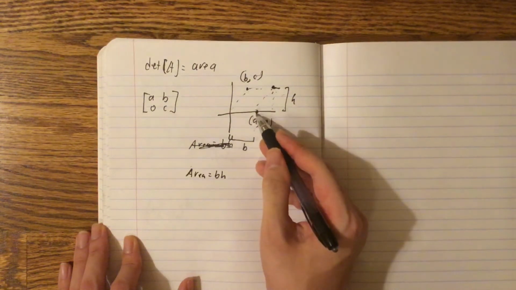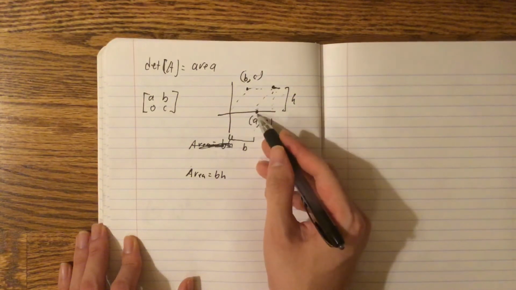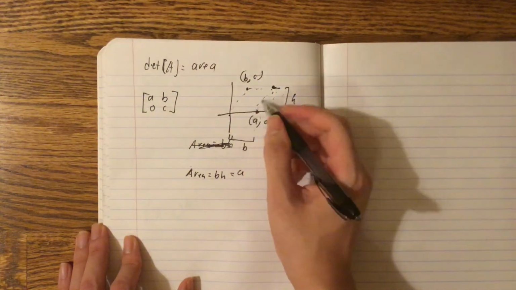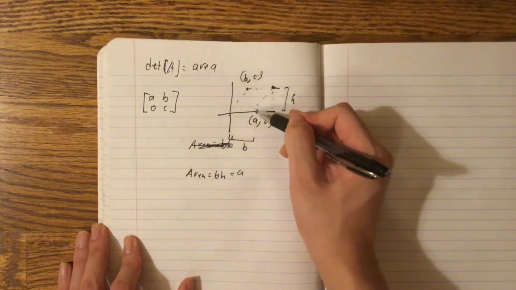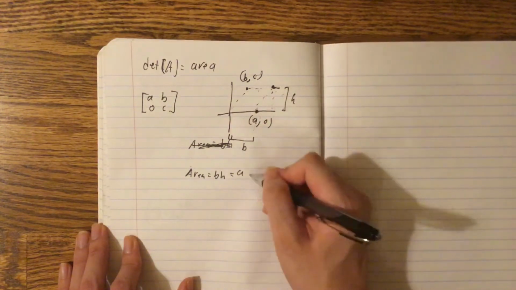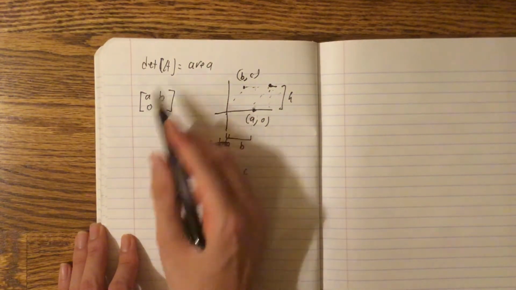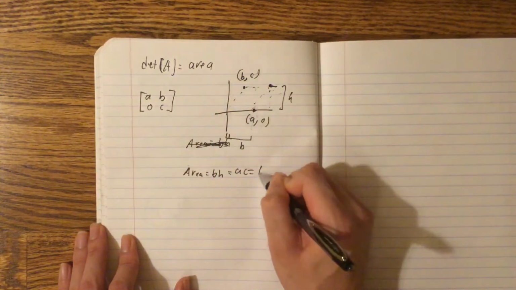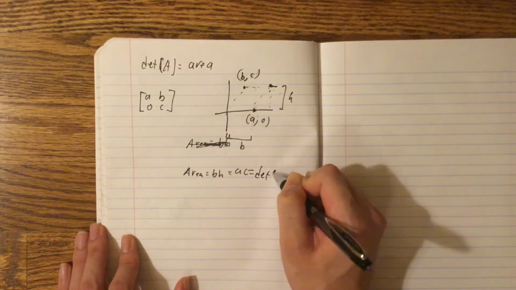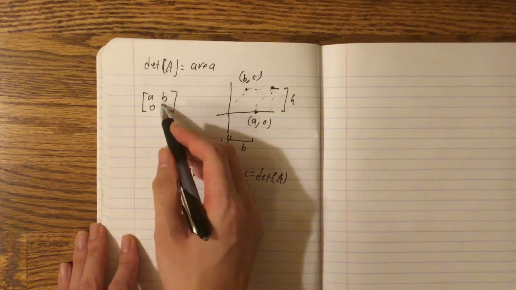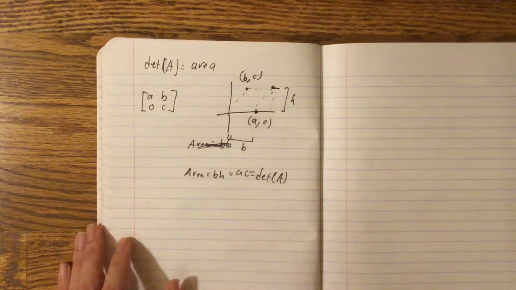We know that A is the base, because from here to here is A. And we know that C is the height, because from here to here is C. So AC. And look, that also equals the determinant of the matrix, because AC minus 0 also equals this.